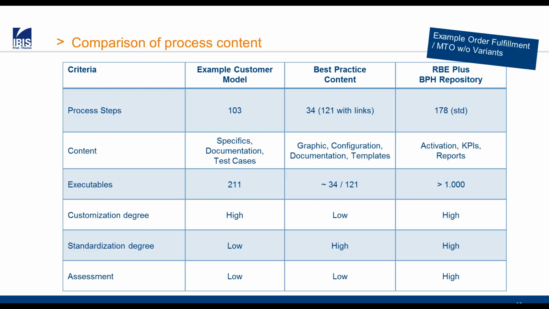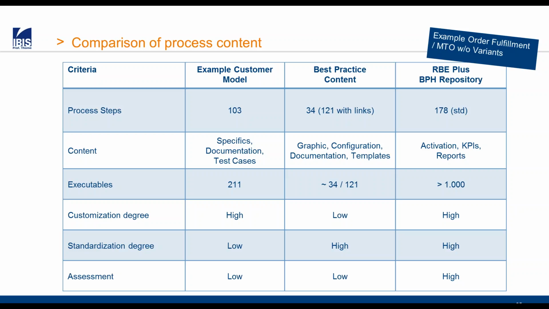So what can you see here on this table? I have done a comparison here for different process content, and in the middle column you can see the best practice content, which is HANA based and which is dedicated for usage in Solution Manager 7.2.